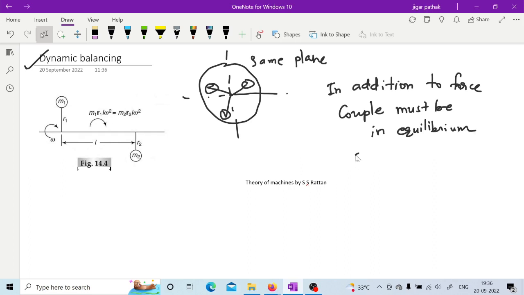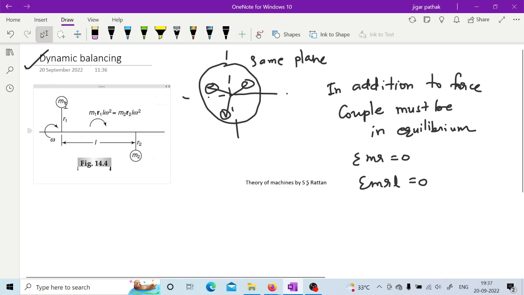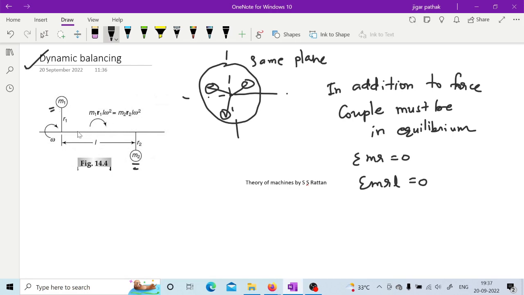Previously we had only the requirement that sigma mr is 0. Now one more condition is to be satisfied, and that is sigma mrl must be 0. As you can see, this m1 r1 omega square and m2 r2 omega square may have the same magnitude and lie at the same distance.